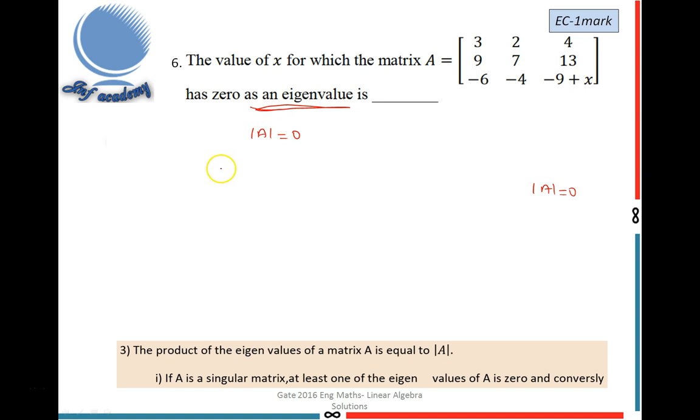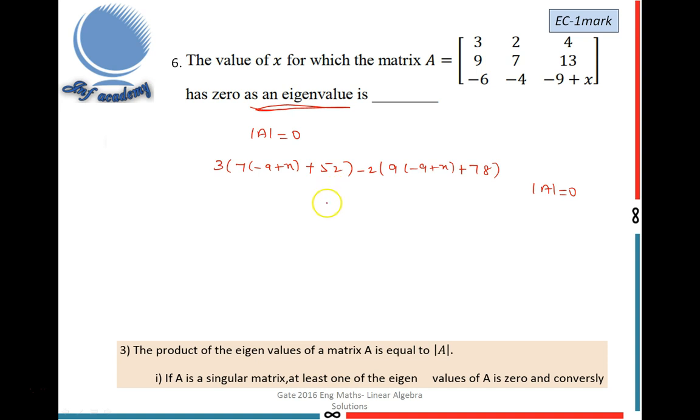What is the determinant of that matrix? It is a 3 by 3 matrix, so take the sum of the cofactors along any row. I take the first row: 3 into 7, deleting this row and this column, 7 into minus 9 plus x, plus 14 into 4 into 13, so 52, minus 2 into 9 into minus 9 plus x, minus 6 into 13, because plus 6, plus 78.